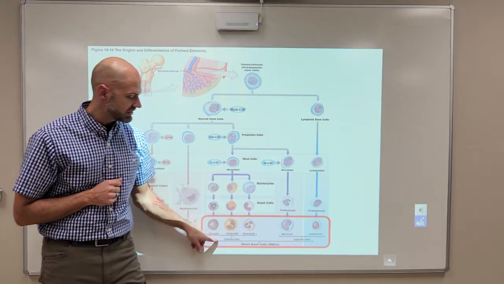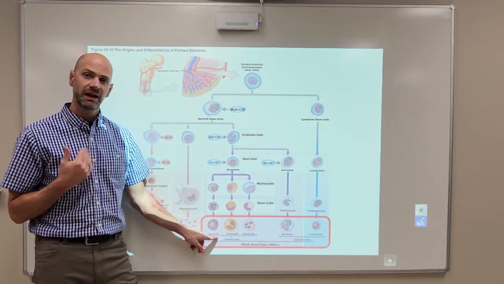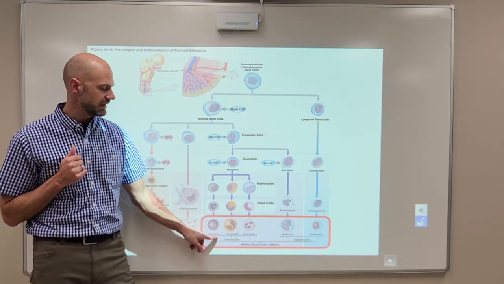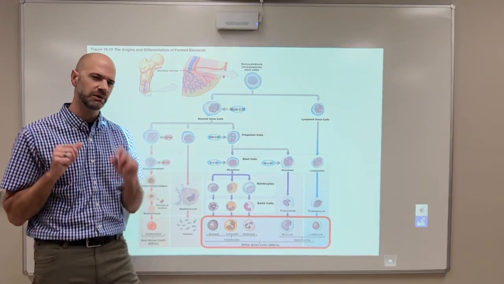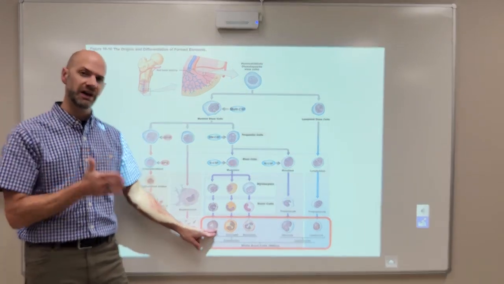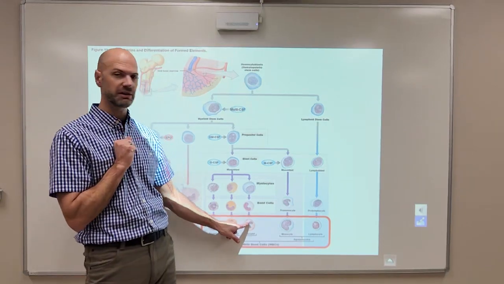So therefore we call these the granulocytes. They all have phil at the end: basophil, eosinophil, neutrophil. What are they filled with? Kind of a play on words. They're filled with granules. Those granules give a speckly appearance.